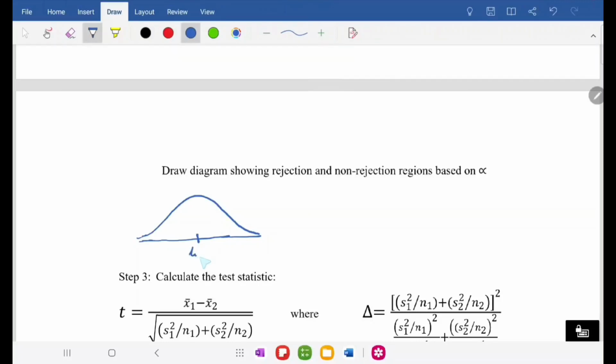So this one, the center point is mu 1 minus mu 2. It's a left tail test, so our reject region is going to be to the left and the do not reject region is going to be to the right. We will have to figure out what the cutoff is. Now this area of the reject region is whatever the value of alpha is, 0.05. That's the area.